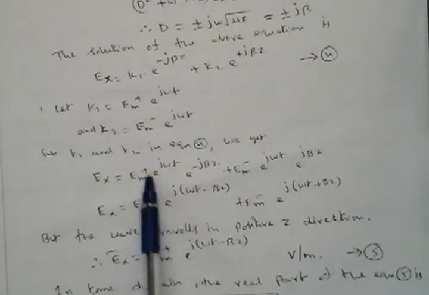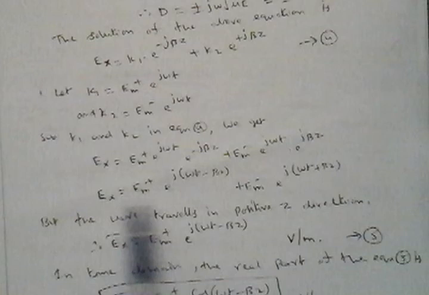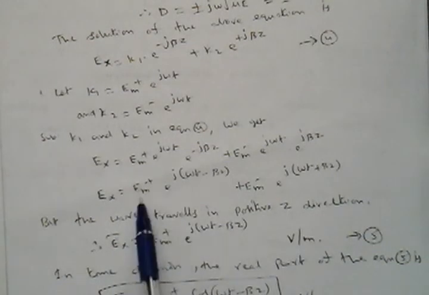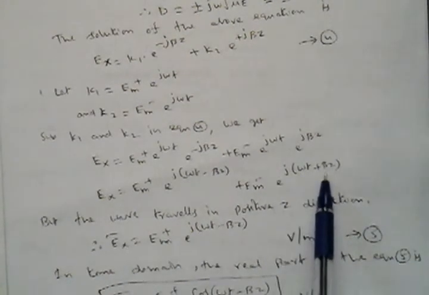Em plus is the maximum electric field on the positive side, and Em minus is the maximum electric field on the negative side. Both have exponential terms with j common: omega t minus beta z, and here omega t plus beta z.